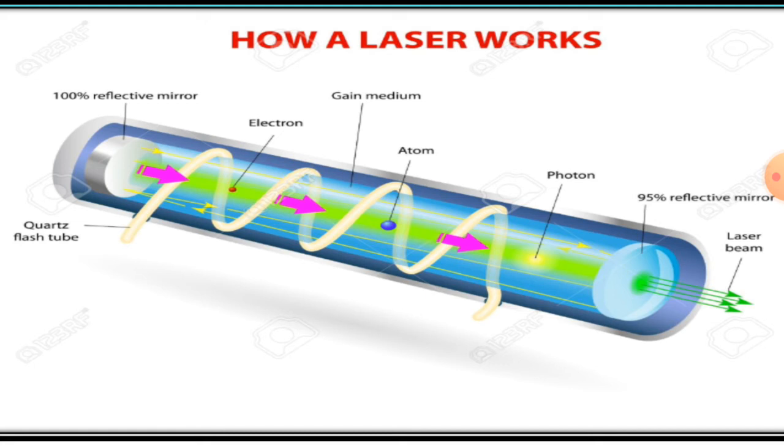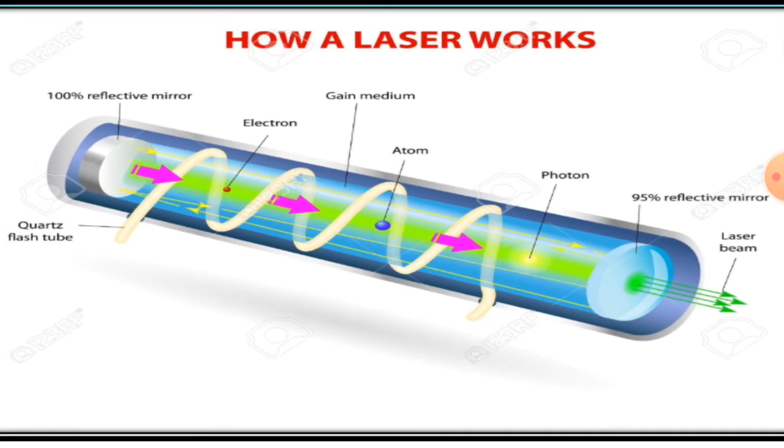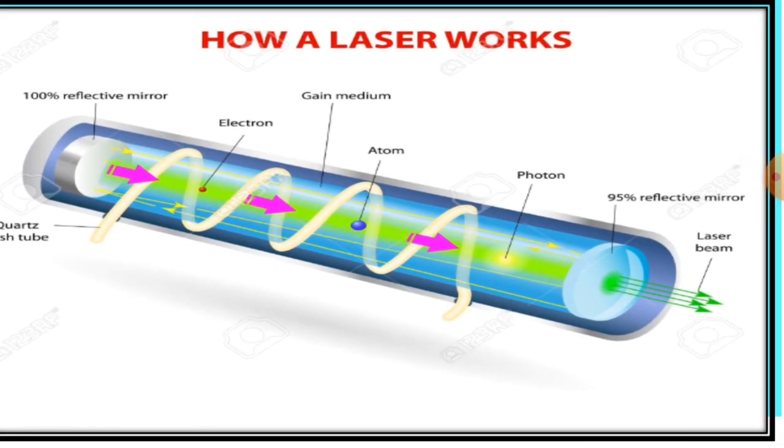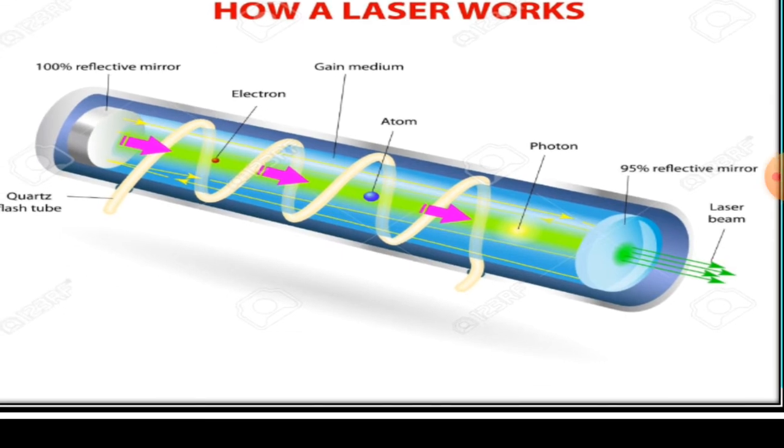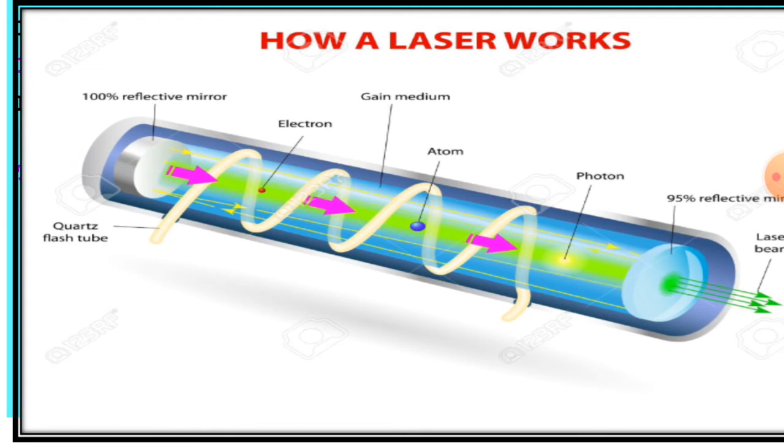So it is reflected by the reflective mirrors, and then this photon energy is transmitted to the reflective mirror, and then laser beams are radiated from that quartz flash tube.